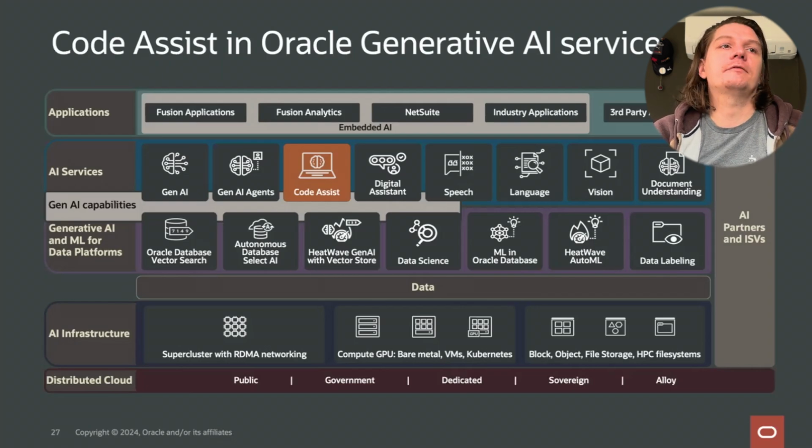Just like we have generative AI, the agents, and some of our traditional AI services, this is where we're going to position Code Assist as a product itself. It is going to be something that you have available as a service at your disposal.